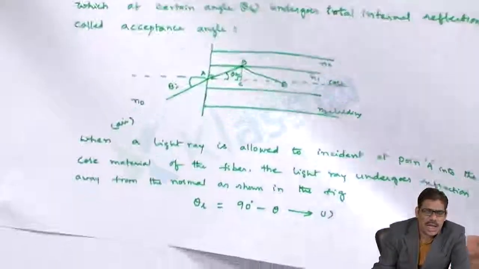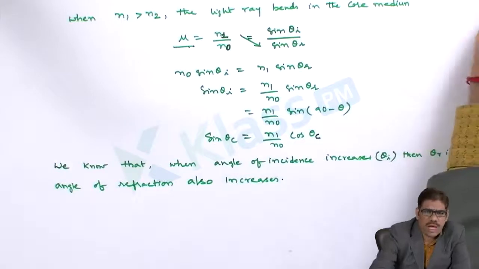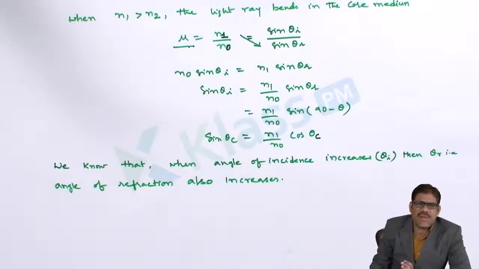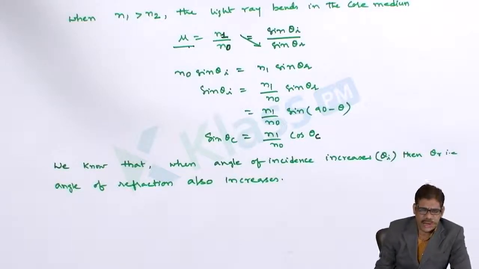So at the air core interface, the maximum incidence angle is present, and that maximum incidence angle for which the light ray can propagate through is what we call the acceptance angle. At that point, the angle of incidence will be equal to the critical angle.